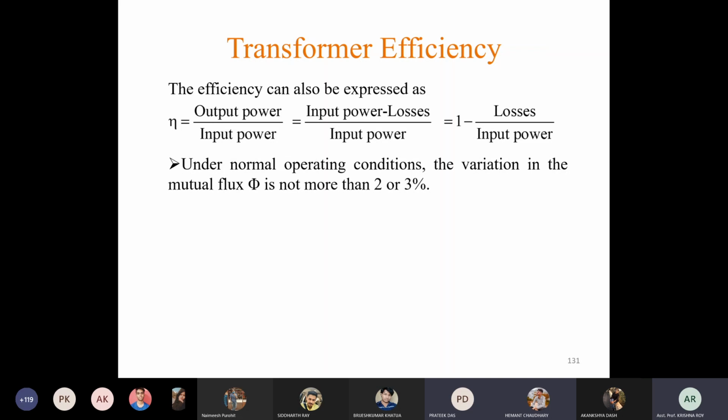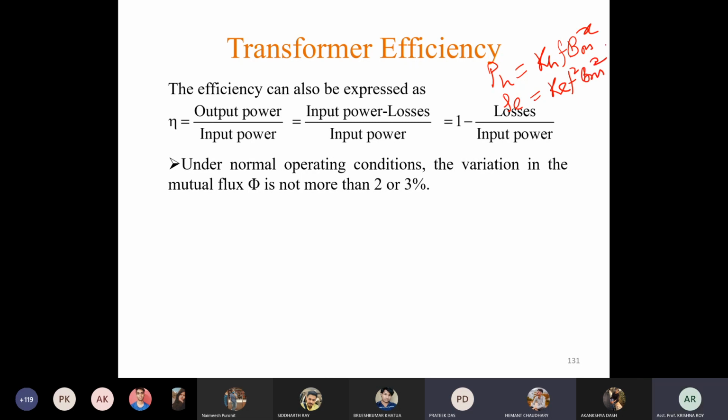Since the flux phi remains constant, now recall the expressions for PH and PE. PH is KH F Bm to the power x, and PE is KE F square Bm square.